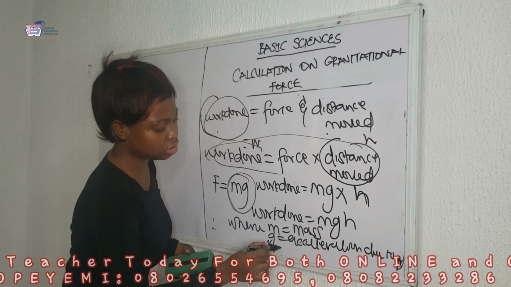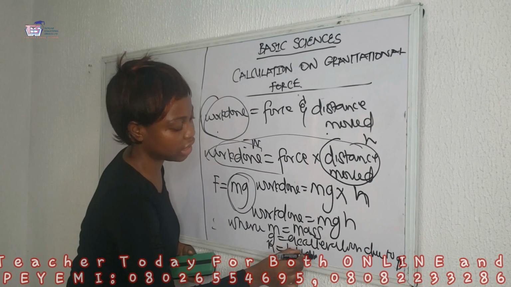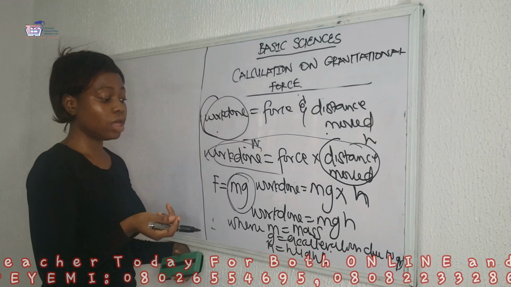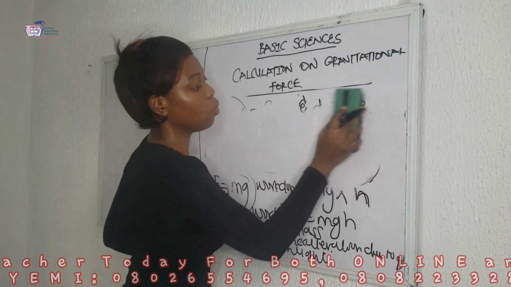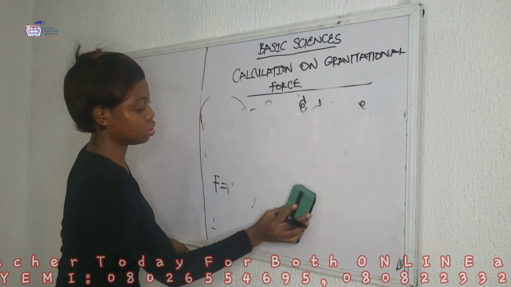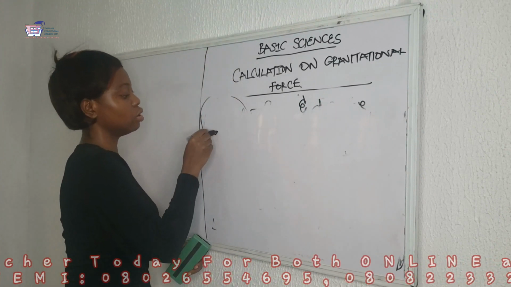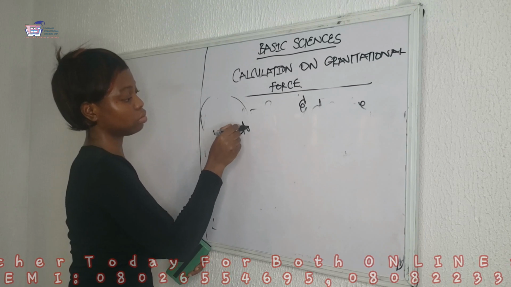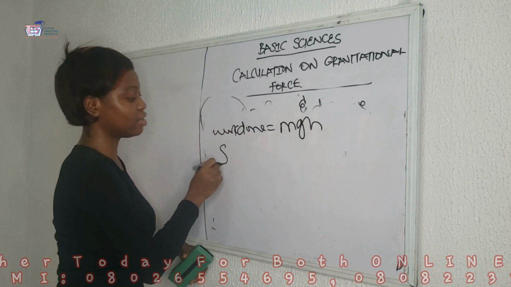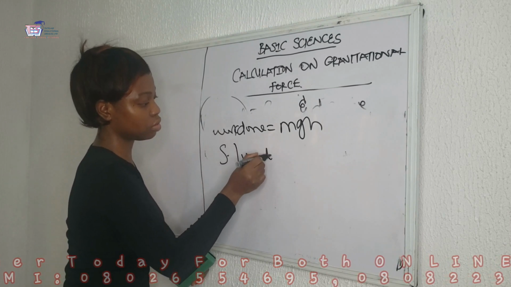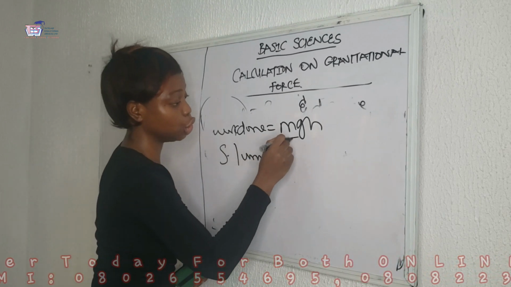Then our h equals the height. So remember also that the formula for work done equals mgh.